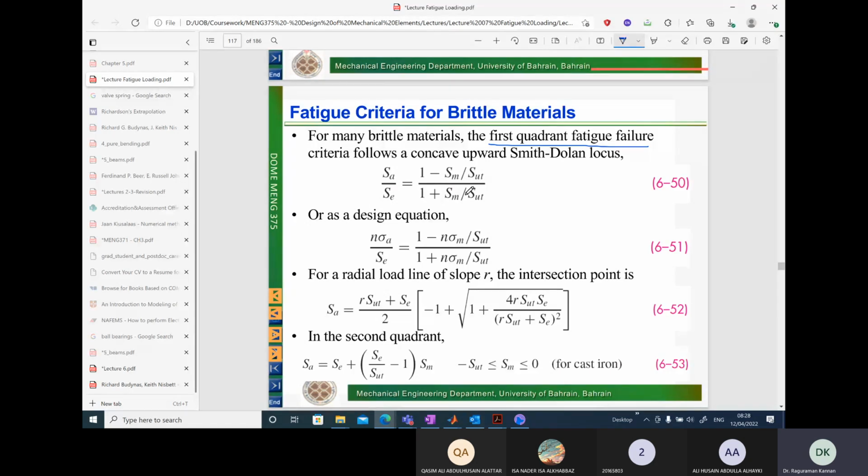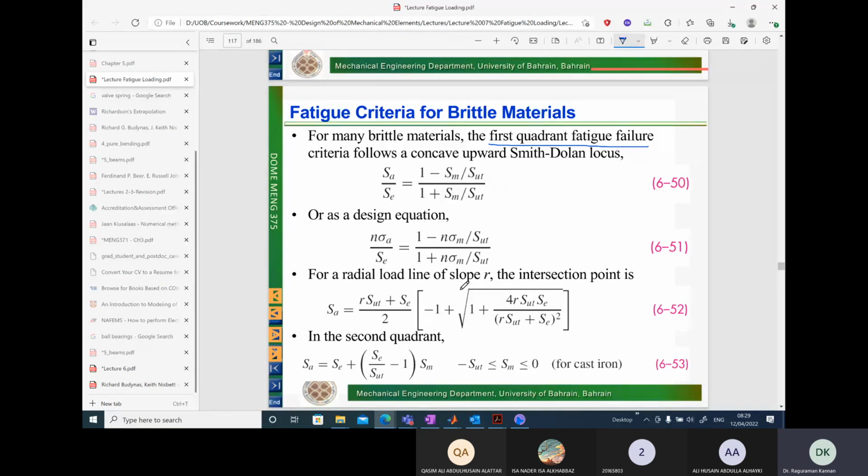Now with the factor of safety, how does it look? Here we do not have the factor of safety included. With the factor of safety, this is the equation to be written. If you draw a radial load line in the first quadrant, what is the intersection point?